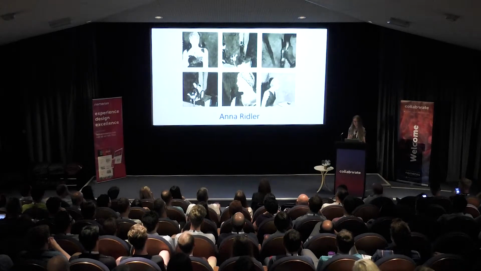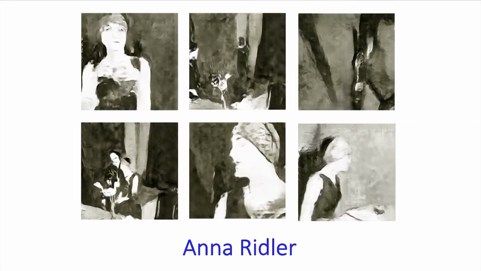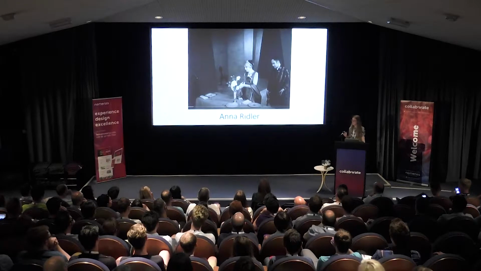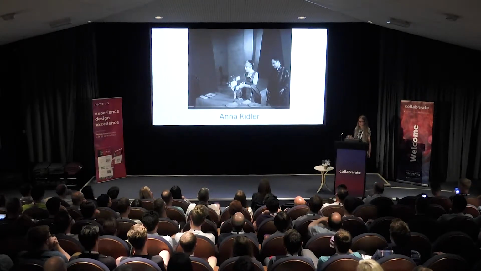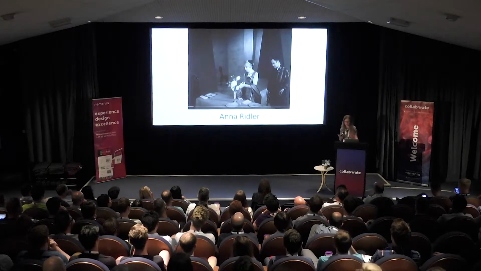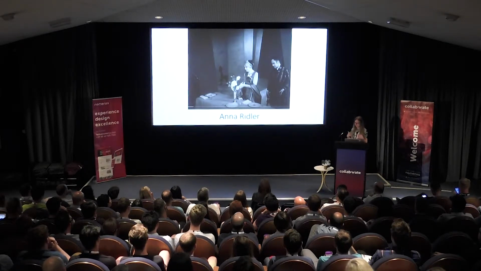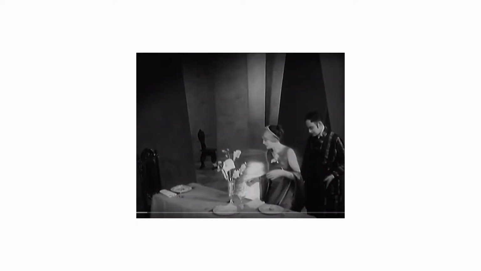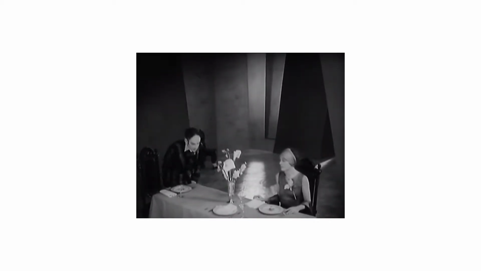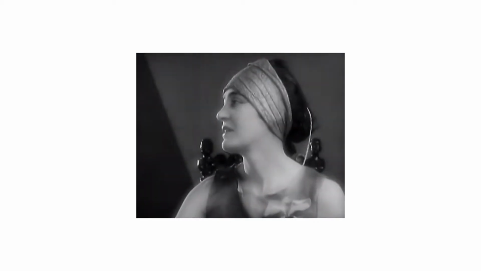There is another artist called Anna Ridler who watched this film called Fall of the House of Usher. It's a 1928 black and white film of this Edgar Allan Poe short story. Let's see if it's gonna play. So you can get a feel of what it looks like.